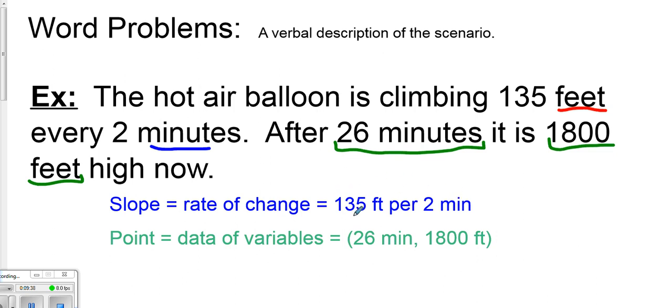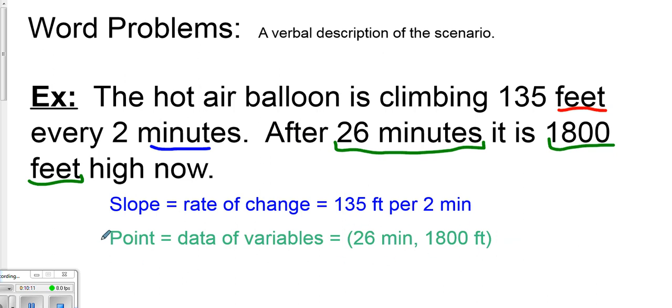Change in your dependent variable over the change of your independent variable. They also gave you a data point, or an ordered pair. They said after 26 minutes, it is 1,800 feet high. So we know somewhere on the graph, or on the table, there is this point: 26 is your x value, 1,800 is your y value. So in this little word problem, slope and point.